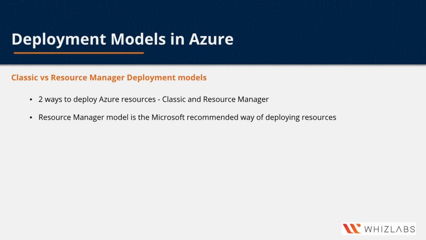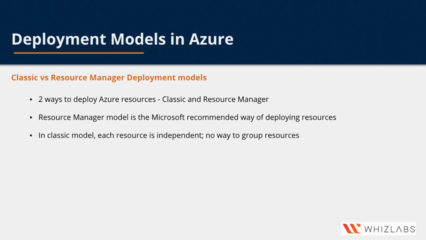This classic deployment model is also called Azure Service Manager, and the latest Azure Resource Manager model is the Microsoft recommended way to deploy your resources. For your exam and in this course, I will be talking about working with the Resource Manager deployment model.